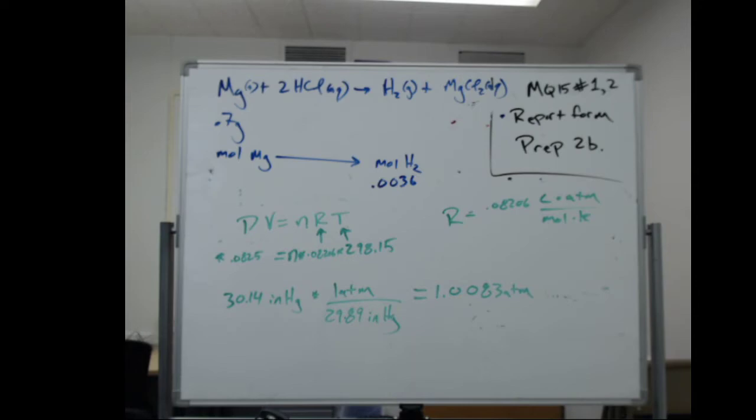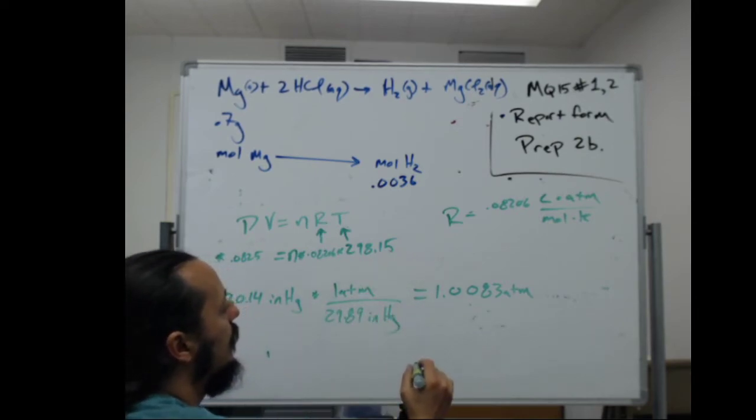Times 0.0825 divided by 298.15 divided by 0.08206. Oh, well. I'm kind of all over the place.